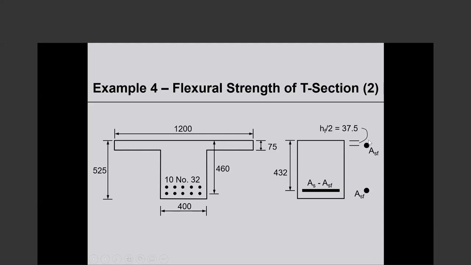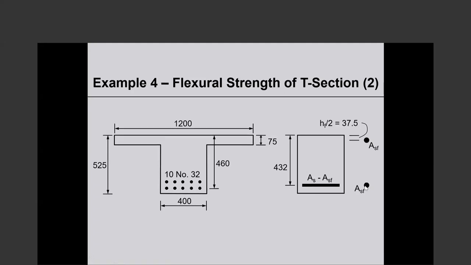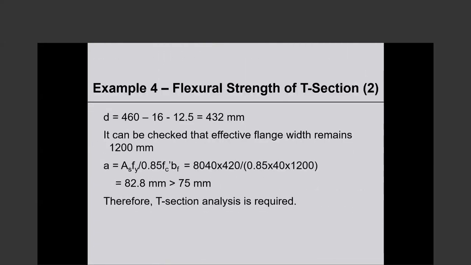So that is equivalent to the overhanging flanges. We take an equal tensile reinforcement area at the bottom. That leaves us with a rectangular section, this part of the section, and the reinforcement now is the total reinforcement that exists minus the reinforcement that we took out. So let's do this calculation.